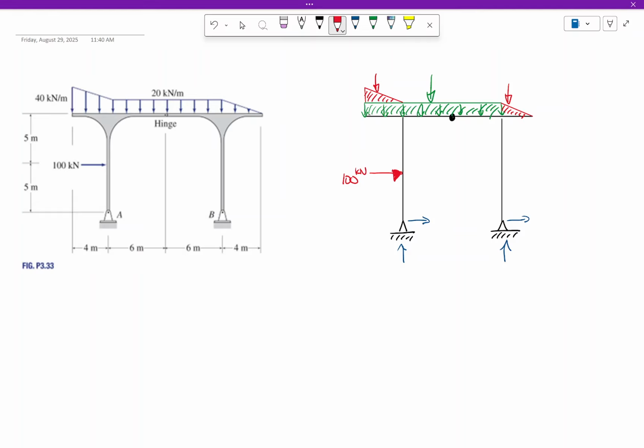Okay, does this make sense though? Does the problem seem a little bit more handleable? Hold on, wait, yes. For the 40 kilonewton per meter, is that just the left side? It's just the left side, yes. So think of it like this. If you split this, this is 20, and this is 20. Think of it like a dimension.